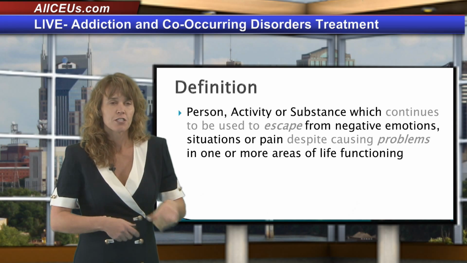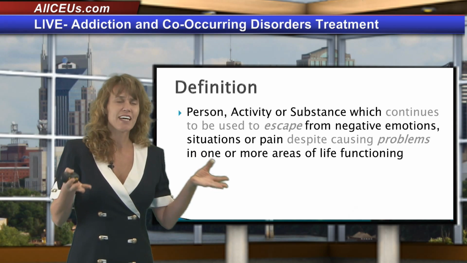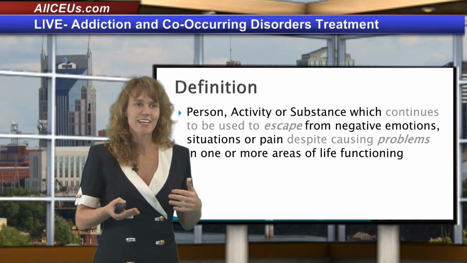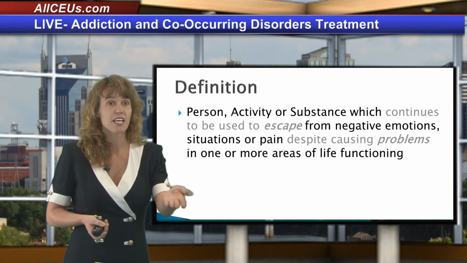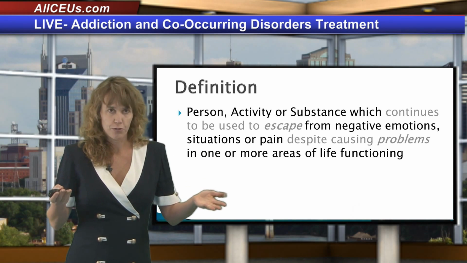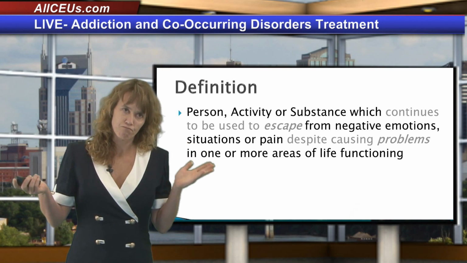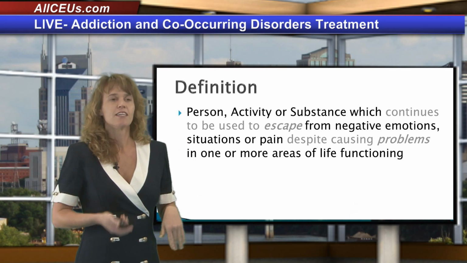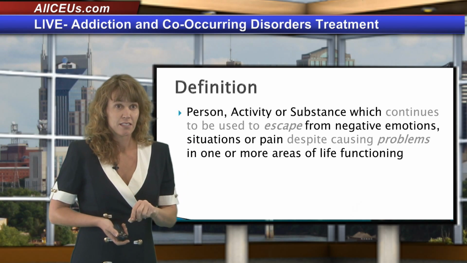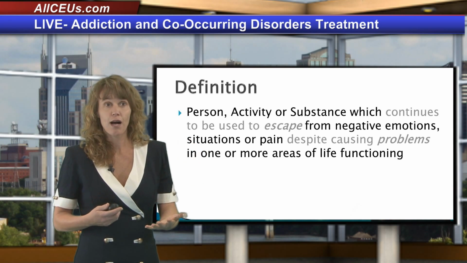So people say, well, how do I know if I've got an addiction or not? I drink. Well, let's take a look at it. Are you using it to escape from negative emotions? Well, yeah, I have a drink or a few when I come home and I have a bad day. Okay, so maybe. Next area. Do you continue to drink despite the fact that it's causing problems?